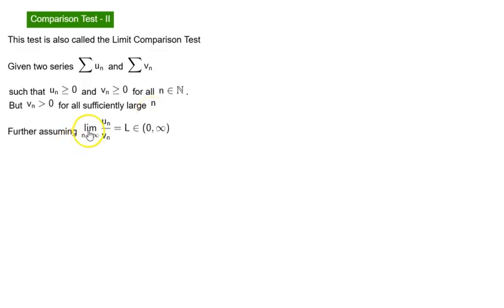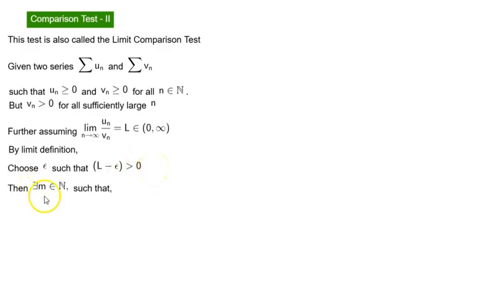Further, assume that the limit as n goes to infinity of u sub n by v sub n is equal to L in 0 to infinity, where 0 and infinity are not included. So that means L is a finite value.